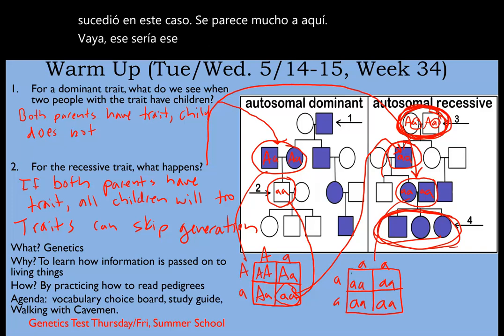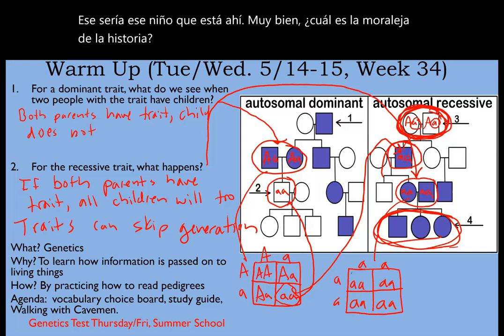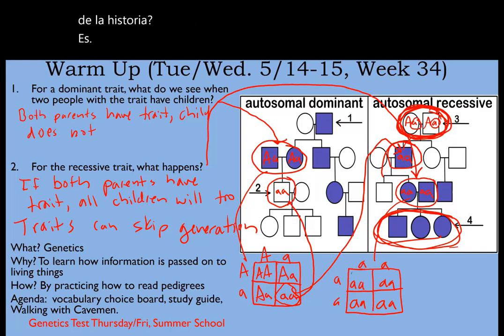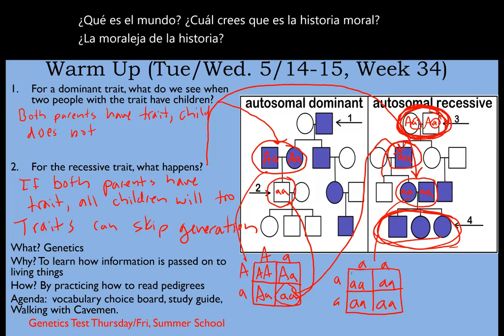All right. So the moral of the story is, what do you think the moral of the story is? The overall learning from this little example. When we look at genetics, what do we see?